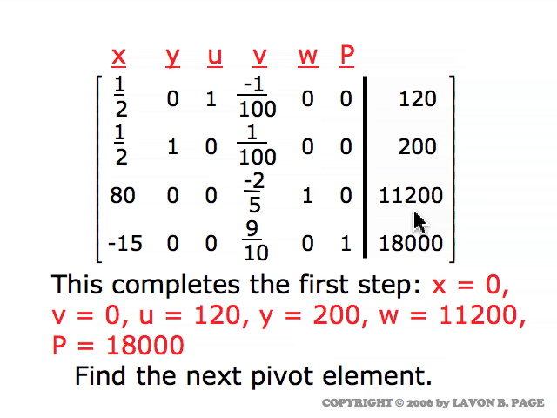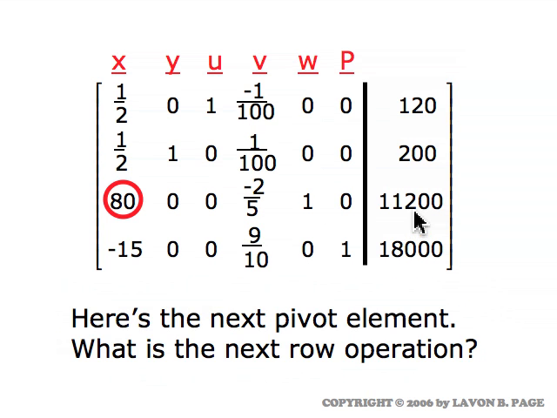Find the smallest positive ratio, and it turns out to be the 80 into 11,200. So we will want to turn 80 into a 1 and turn the other numbers in that column into zeros. Turn 80 into 1 by multiplying row 3 times 1 divided by 80.